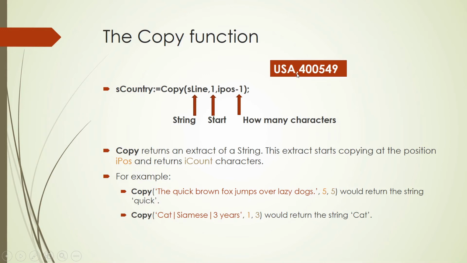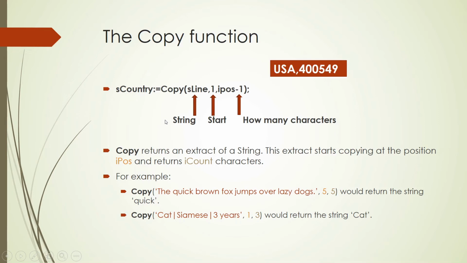But pos is going to return that it's found at position 4 in the first line of the text file. So when I'm copying, I do not want to copy to ipos because it's going to copy inclusive of the comma. So I want to copy ipos - 1. And then it will just copy the characters U, S, and A.